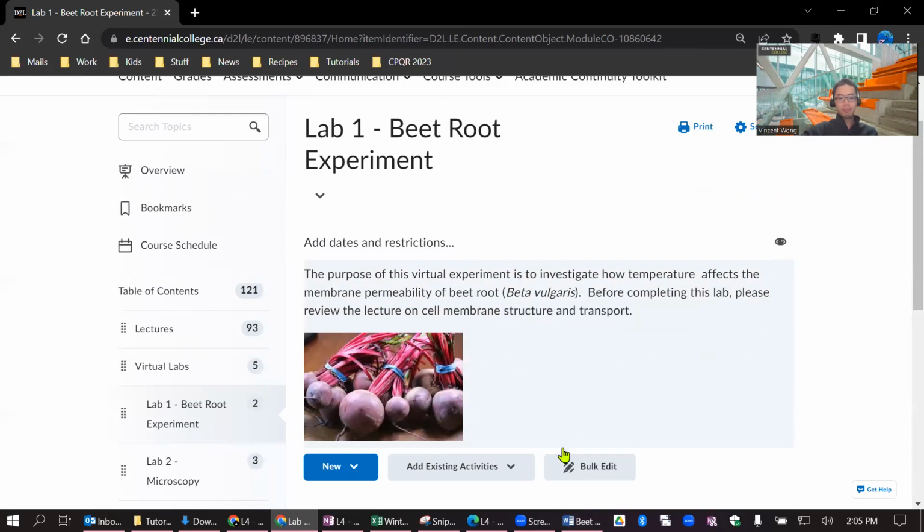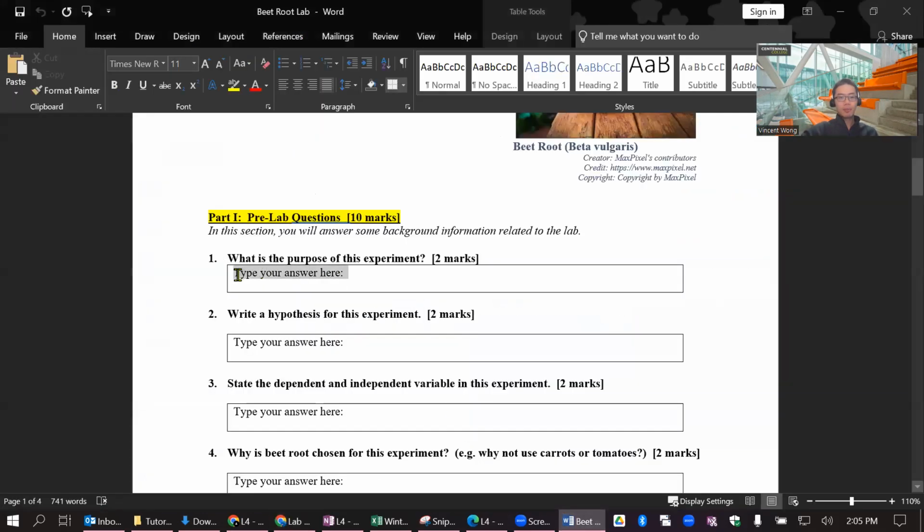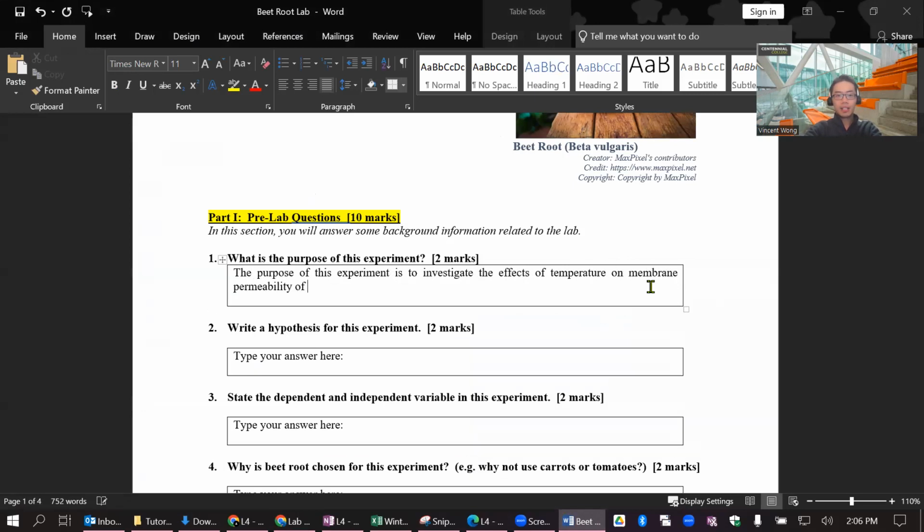You can just copy that. You will literally just type your answer here. The purpose of this experiment is to investigate the effects of temperature on membrane permeability of beetroot. There, that's 2 marks, okay?